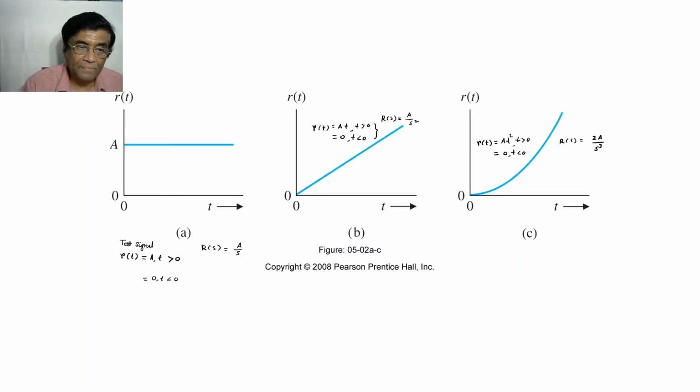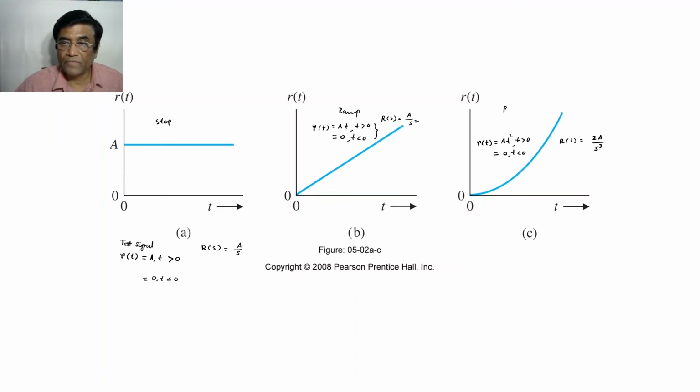So here are some control signals which are very commonly used for testing a controller. After you design a controller, you need to test it. How to test it? The test could be with the help of a step function. So this is called the step function. So this is the ramp function.